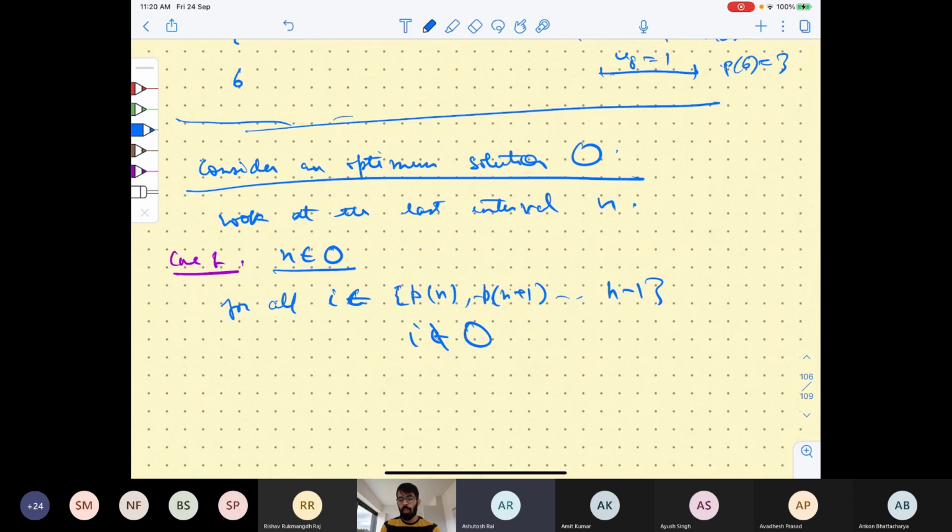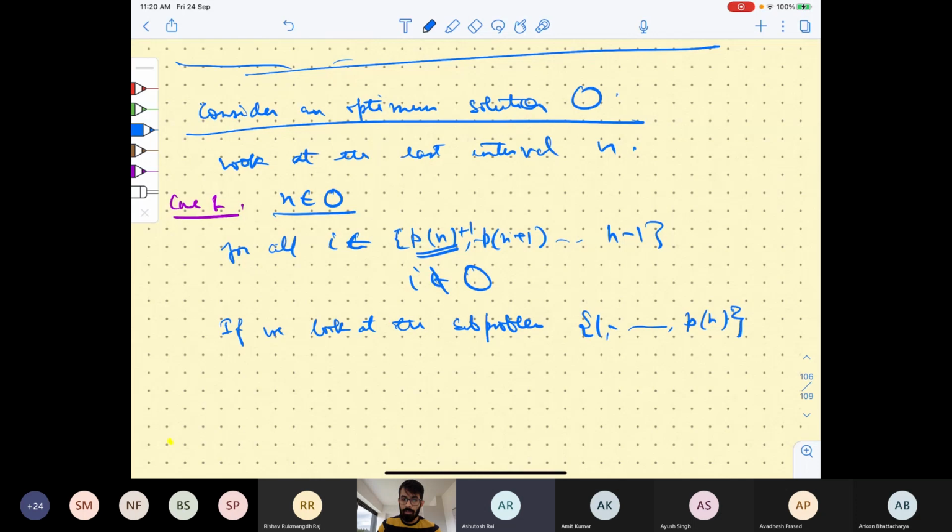If we look at the subproblem 1 to pn minus 1, let's say. No, shouldn't it be pn plus 1? Nobody's pointing it out because pn is disjoint. Can someone confirm if I'm not making a mistake? Yes, sir, it should be pn plus 1. Okay. So if we look at the subproblem 1 to pn, can we relate the solution of this subproblem with O?